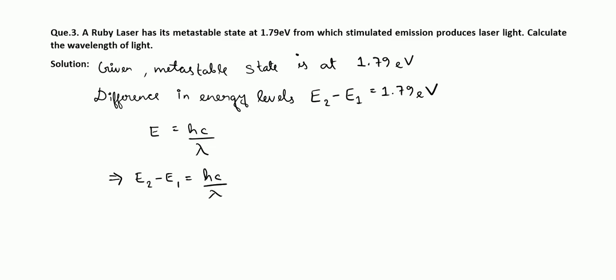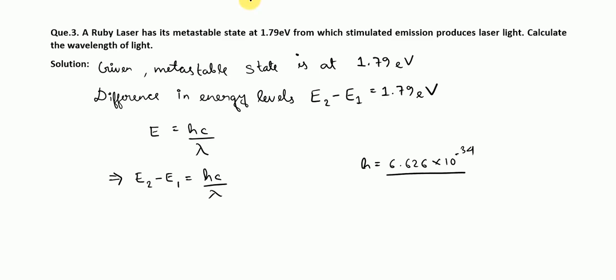So H here will be the Planck's constant for electron volt. So we know normally the Planck's constant is given as 6.626 into 10 to the power minus 34. But in case of electron volt, we need to divide it by the electron volt.